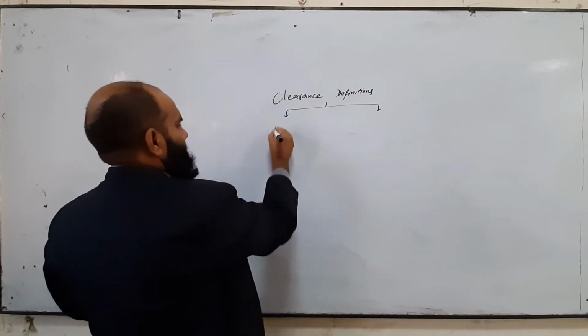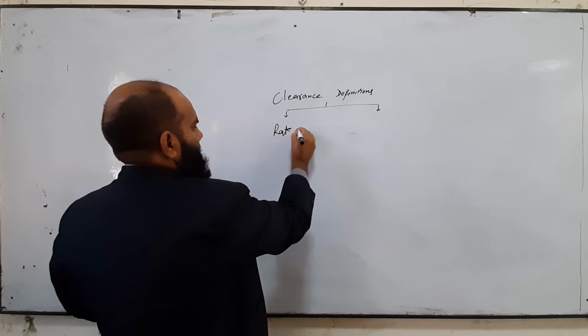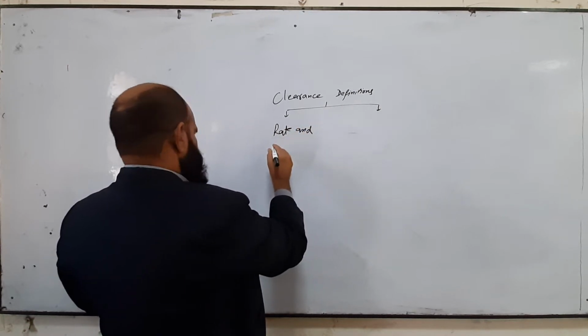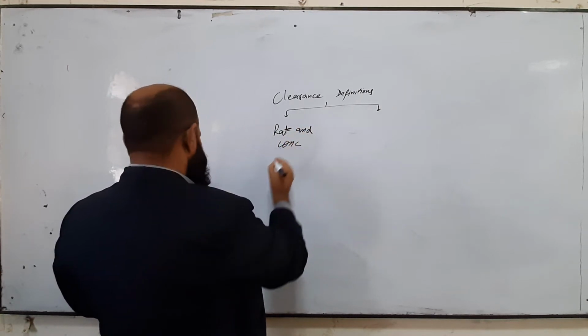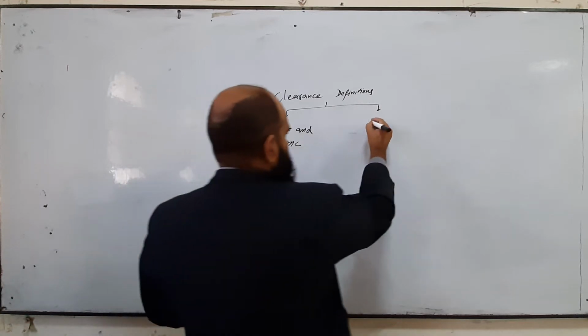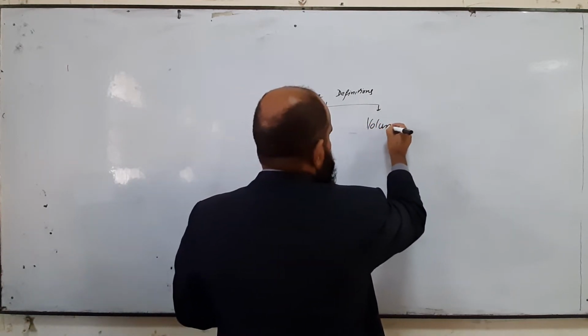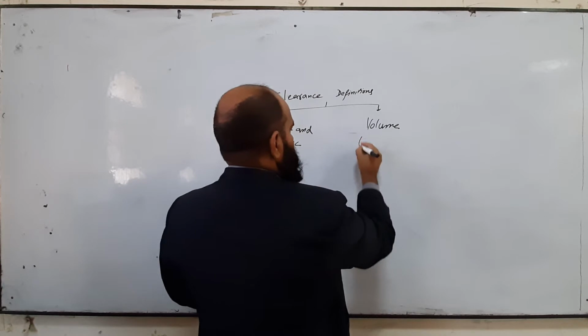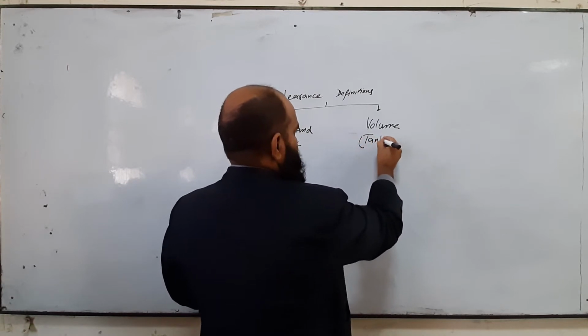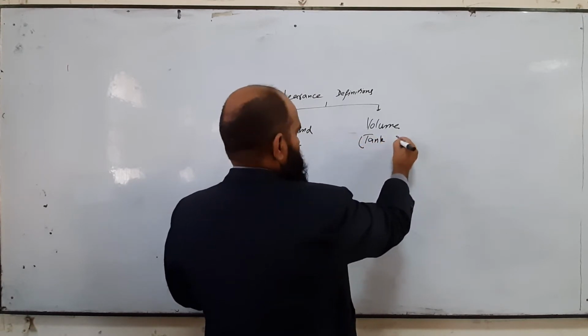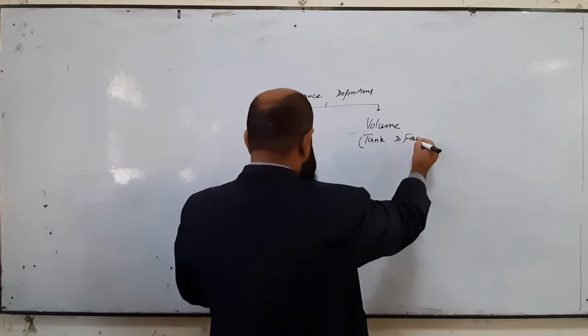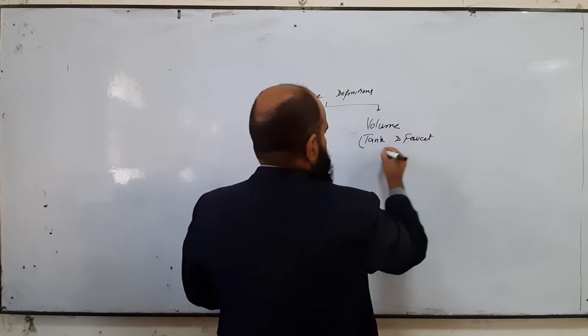One is the rate and concentration concept, and the other is the volume concept, in which we will read about the tank and faucet analogy.